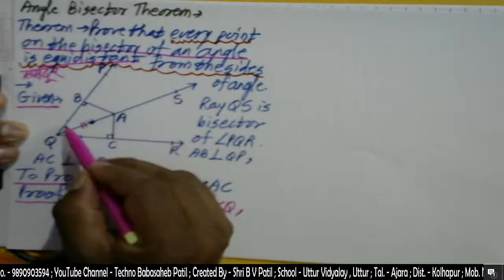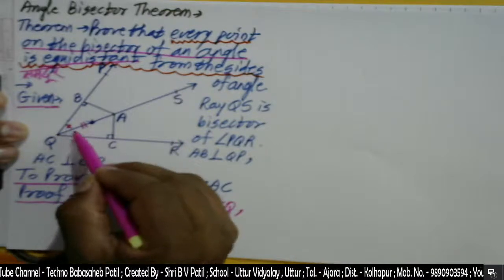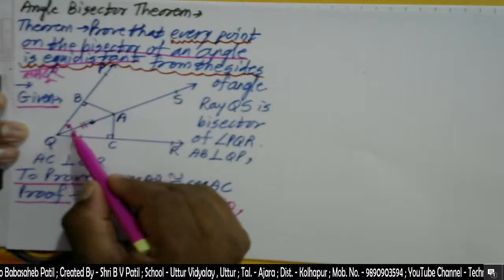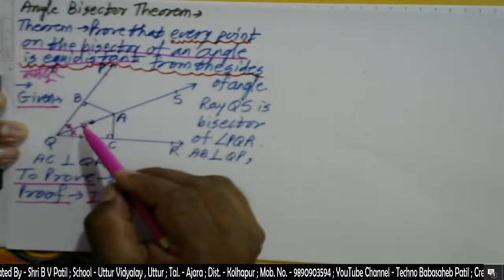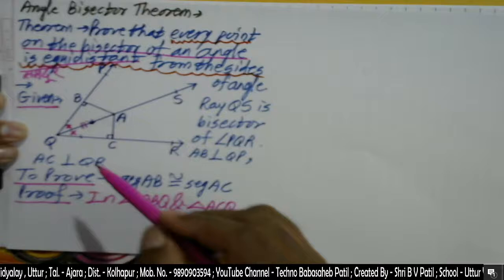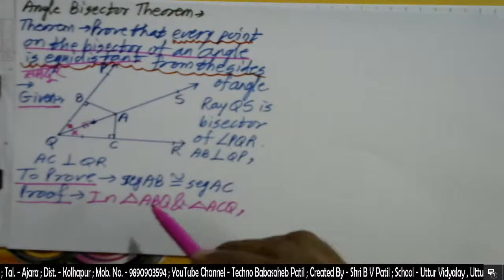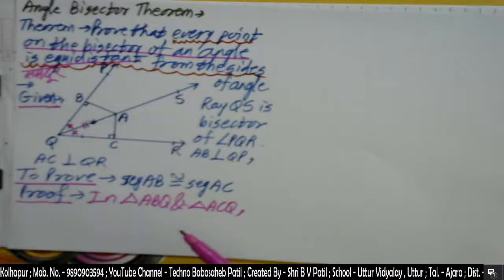Bisector means दुभाजक, means that bisector makes equal angles, means that angles are congruent because our QS is bisector. Means three conditions we get here: first angle, second side, third angle. Then we can say that two triangles are congruent.